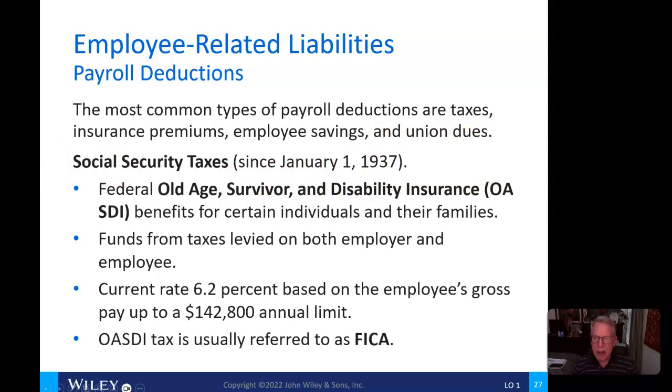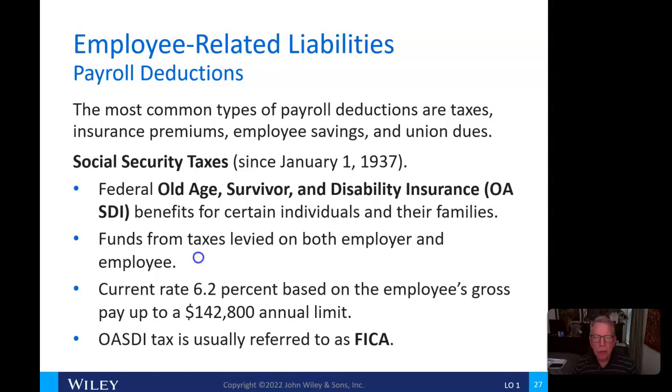Social Security taxes have been around since January the 1st, 1937, and we sometimes call it federal old age, survivor, and disability insurance, OASDI, benefits for certain individuals and their families.